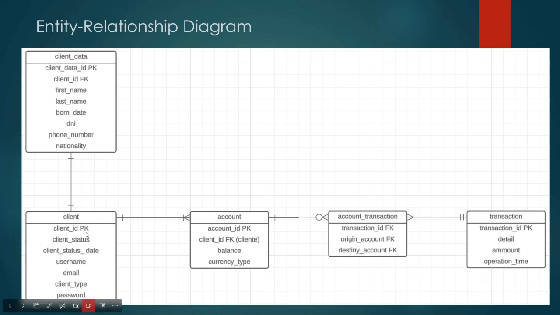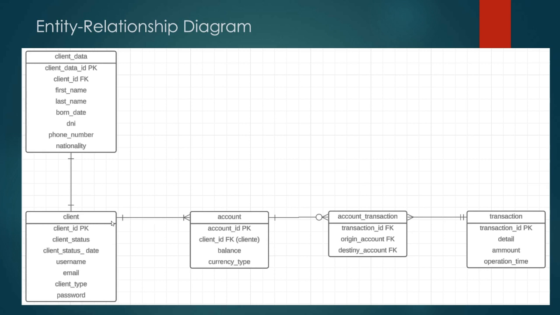We have the client table that connects with the client data, which is a one-to-one relationship. I separated this because it is more comfortable for me to have the data that is more crucial for the system to work, the data we need to create all the relationships, apart from the personal data, which is not too relevant for the system.